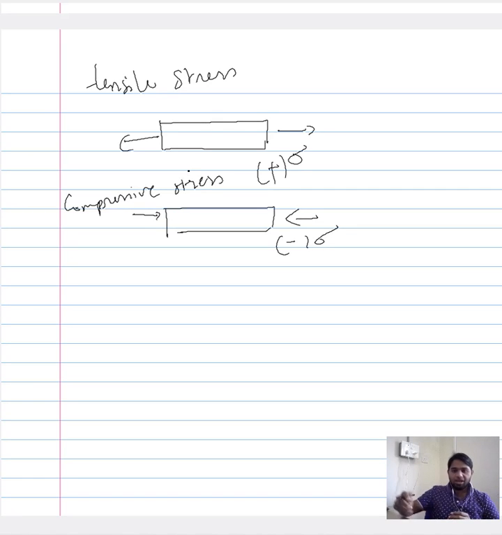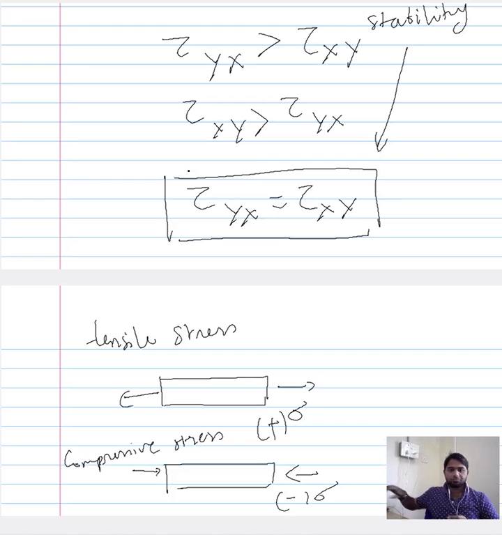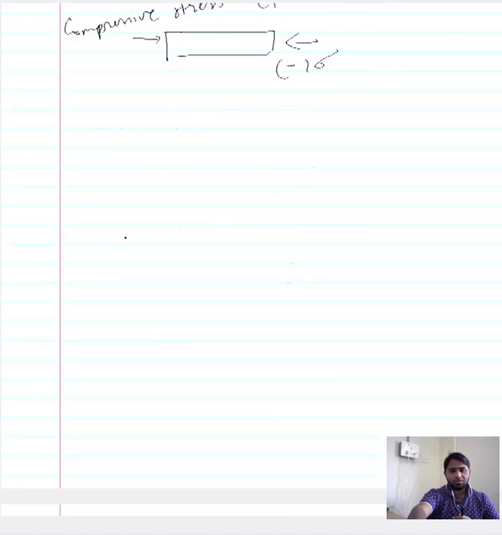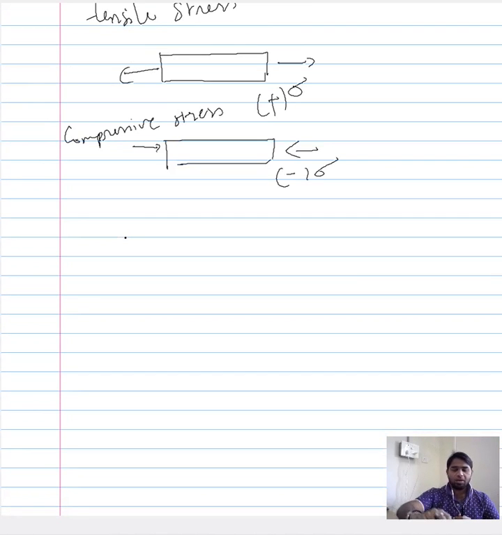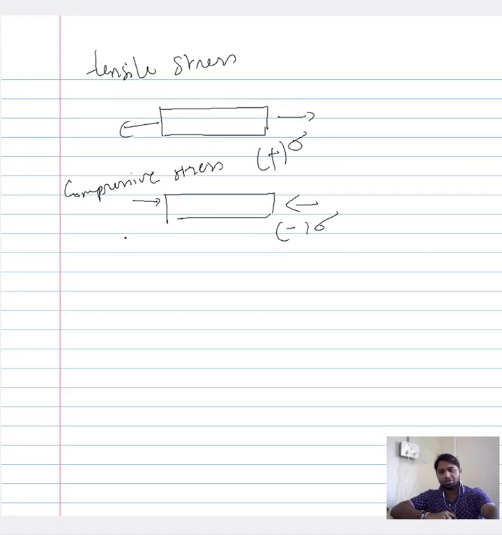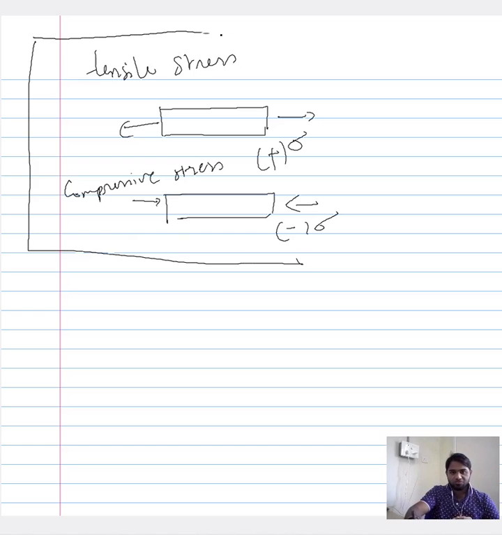So only when we have definite conventions like this will we be able to arrive at an equivalent material condition for both tensile stress and compressive stress. We need to have a similar convention for the shear stress. All these previous conventions were for normal stresses, the components of stress.